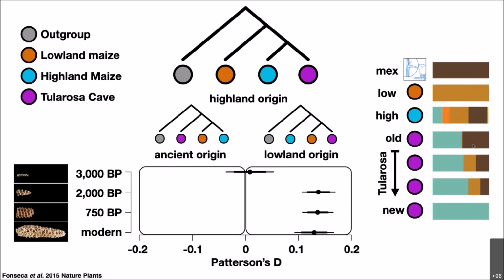So highland maize that had admixed with this second teosinte, Mexicana, having moved up the central coast. And then as we get closer towards the present, we get additional gene flow from lowland maize, this light tan, and the Mexicana ancestry decreases through time, consistent with a highland origin followed by subsequent gene flow from coastal regions.